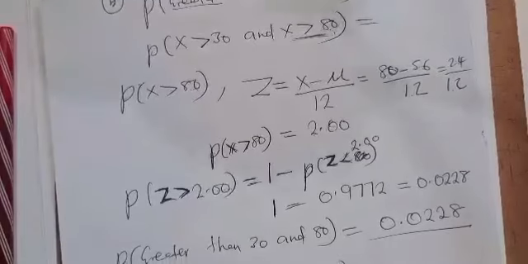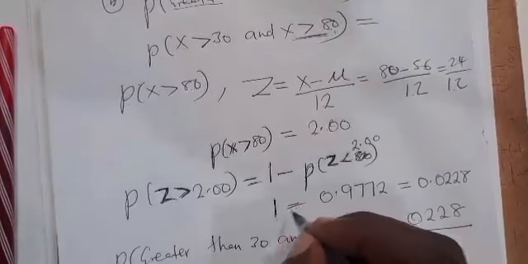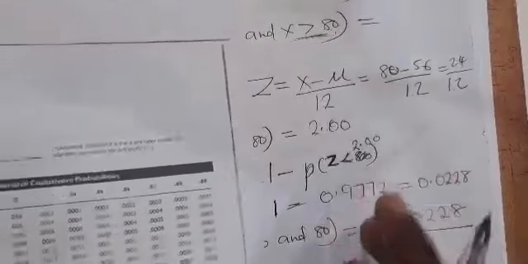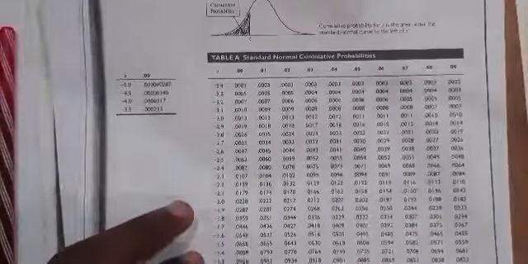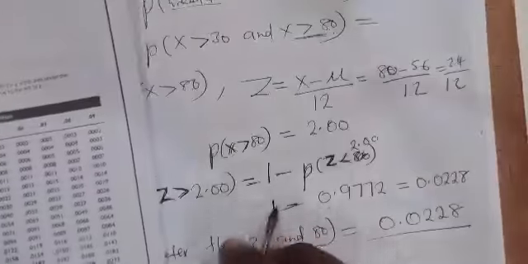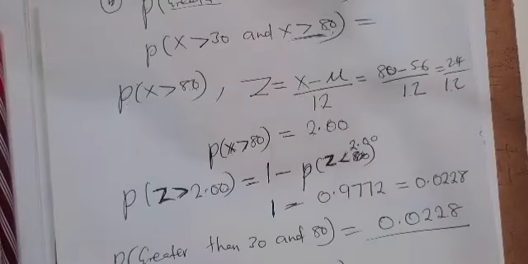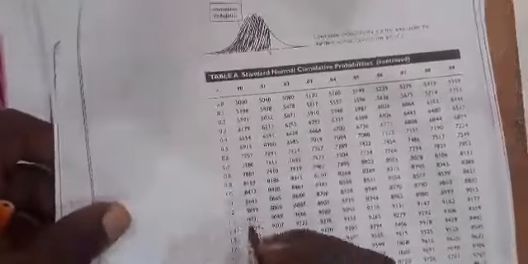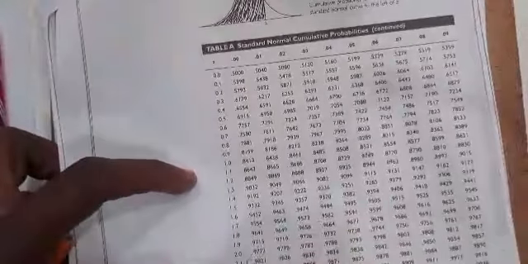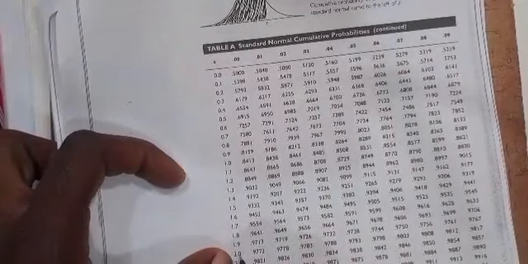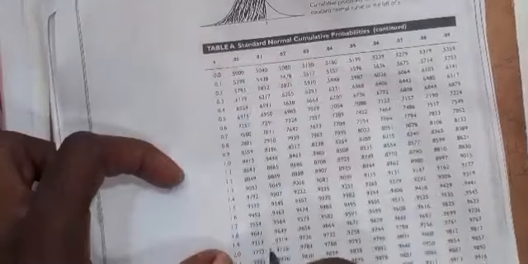Okay, so what I'm going to do is write 1 minus the probability of z less than 2.00. You go to where there's 2.00. Now this is the negative table, and this is the positive table, remember. Since we have 2, we need to use the positive one. 2.0 and the 00, this one here.